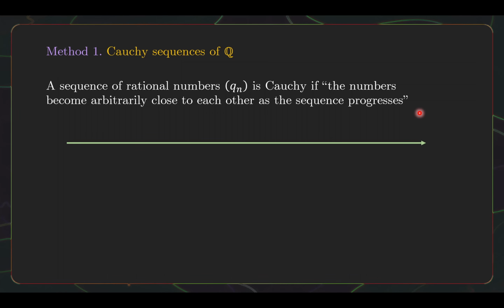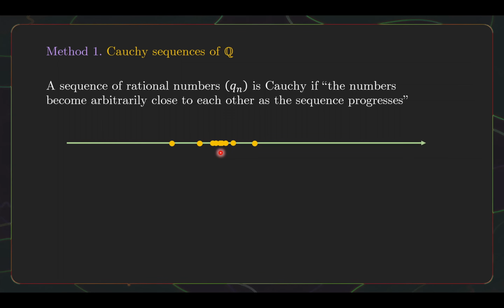I have a sequence of rational numbers, which is basically like maybe 1, then 1.5, 1.3, 1.4, and so on. So this is a sequence of rational numbers. It's called Cauchy if the numbers start to become arbitrarily close to each other as the sequence progresses.